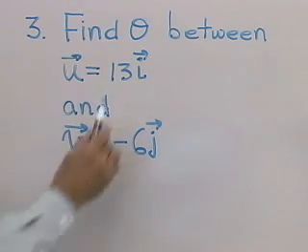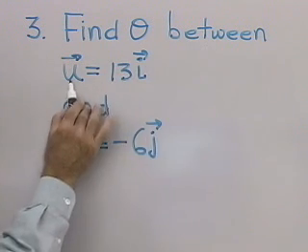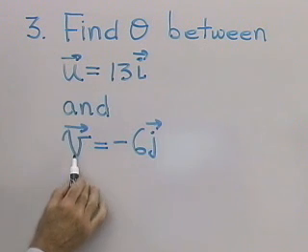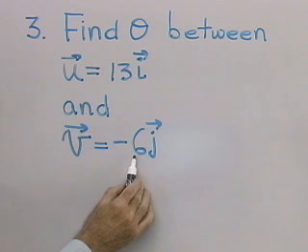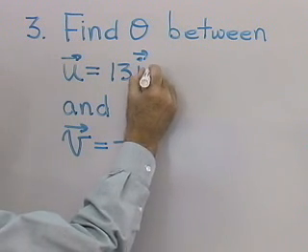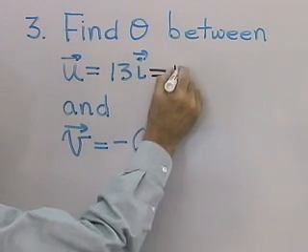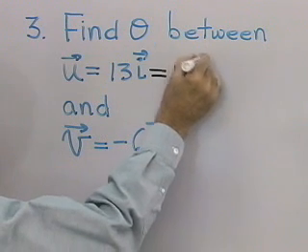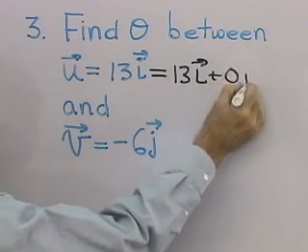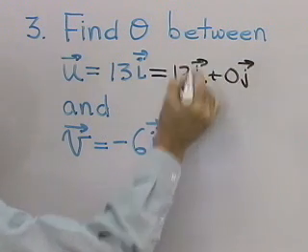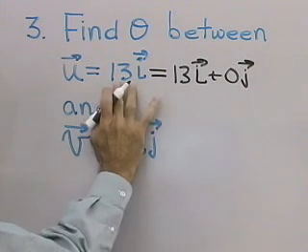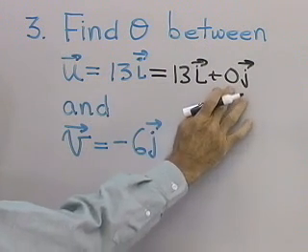For our next problem, we want to find theta between the vector u equal 13i and the vector v equal minus 6j. So I'm going to write this first vector as 13i plus 0j, just to remind us that even if I don't see that vertical component, it's really there, it's a 0.